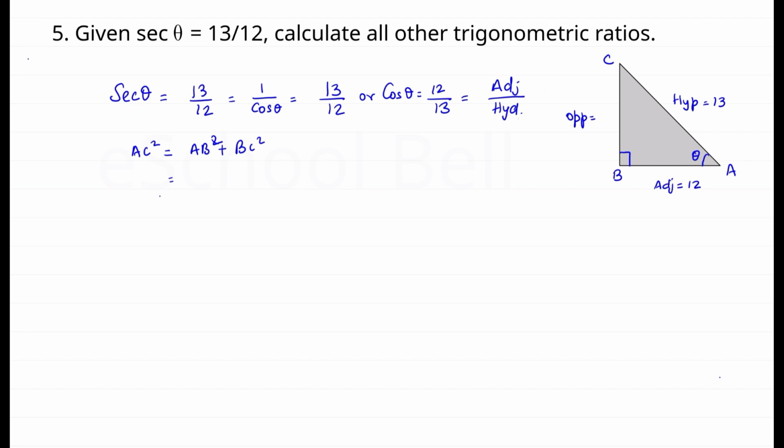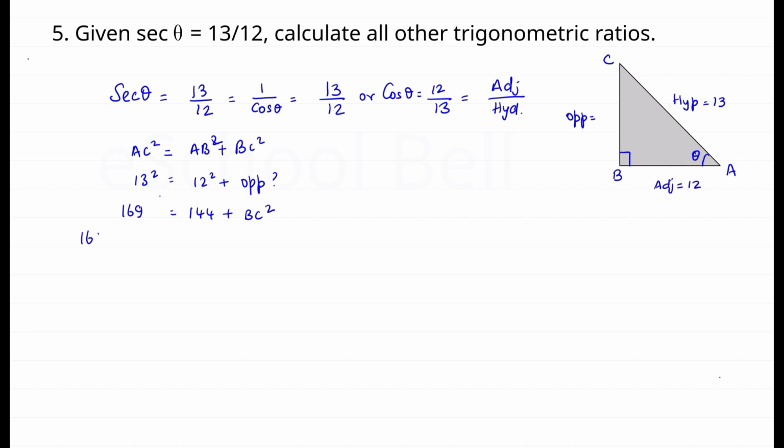That equals AB square is 12 square plus BC square, which we don't know, and AC square is 13 square. So 169 is equal to 144 plus opposite, that is BC square.